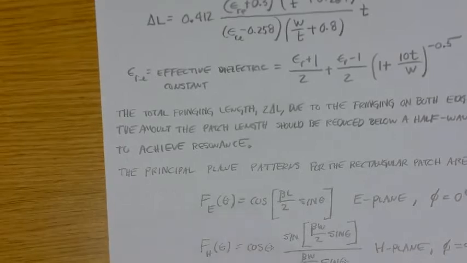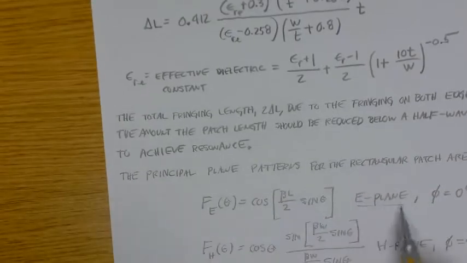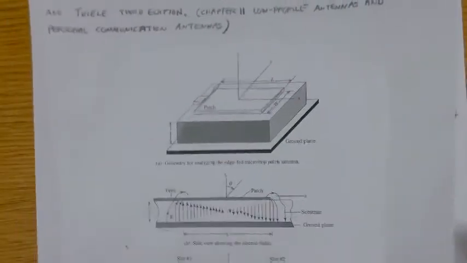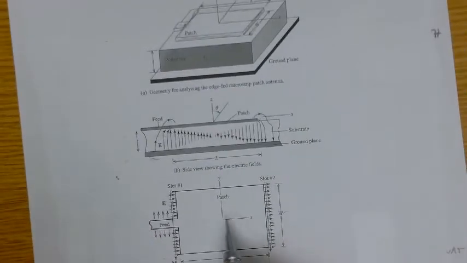So, the E plane. We have an E plane pattern and an H plane pattern. The E plane is the phi equals 0 cut. The H plane is the phi equals 90-degree cut. Why is that? Let's go back over here. The electric field is along this direction, and so in the XZ plane the electric field lies in that plane.